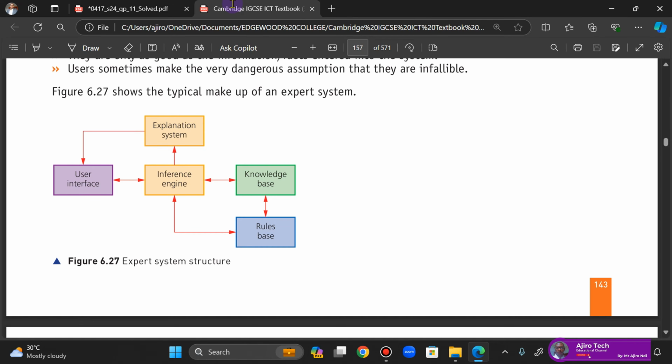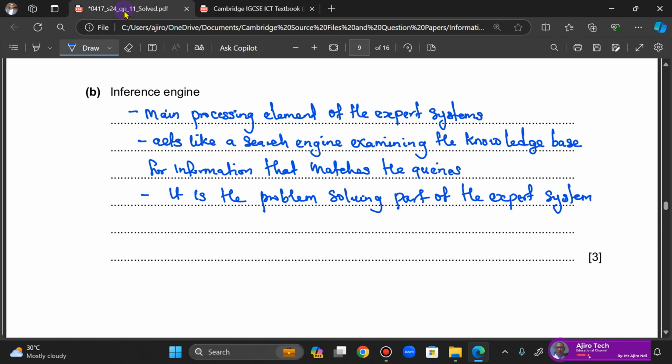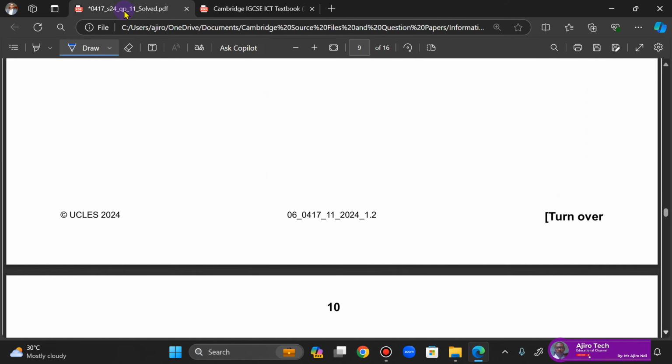Now the inference engine is going to search the knowledge base, looking for the symptoms that would match what that user is currently having, and there is a set of rules, protocols that have been set for this expert system. Once those conclusions have been derived, this is where the explanation system is going to explain the reason for this conclusion back to the user interface. Hope that makes sense. Okay.